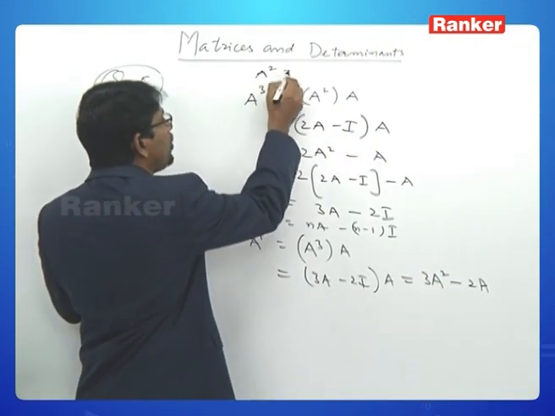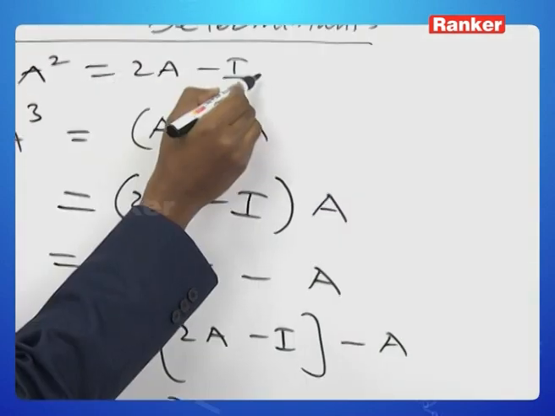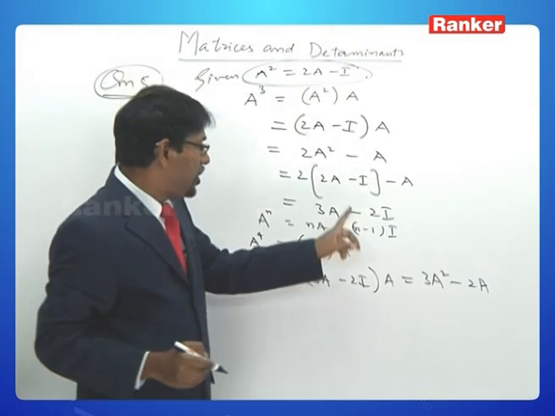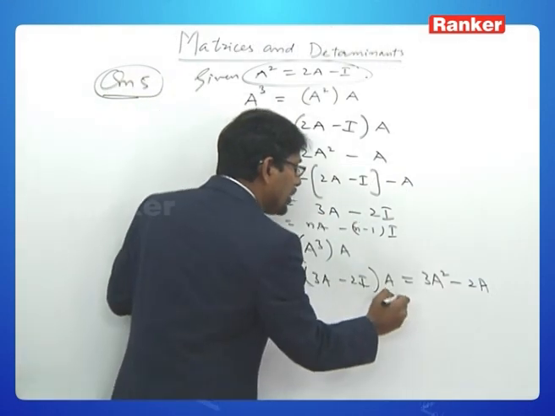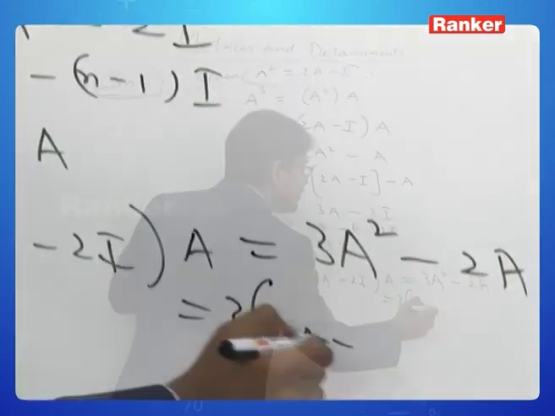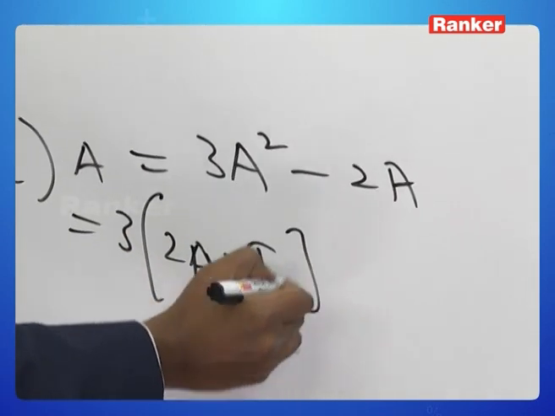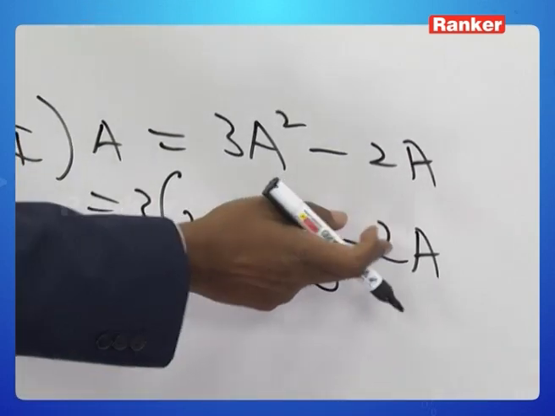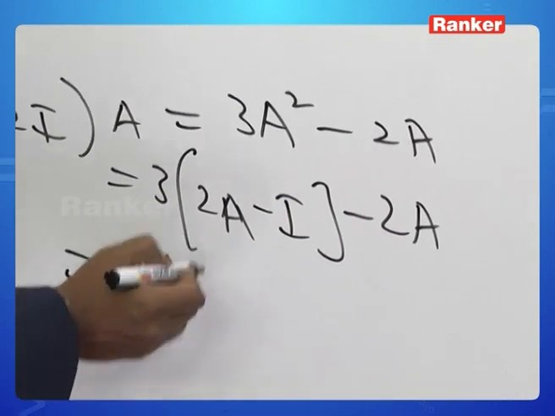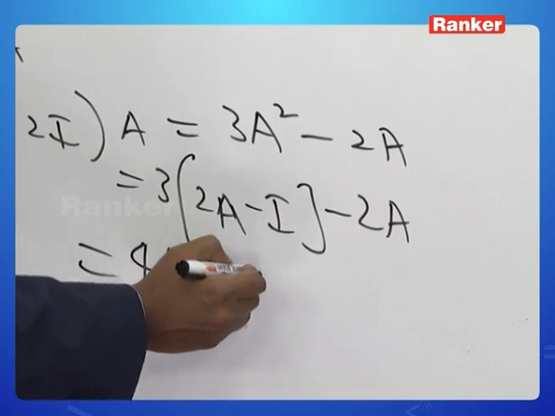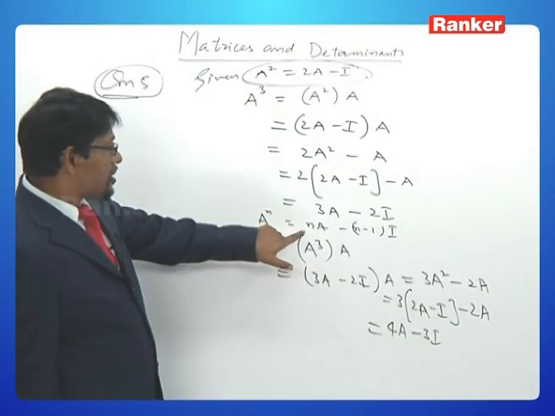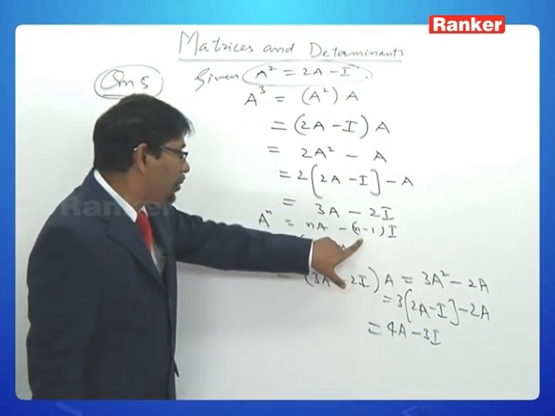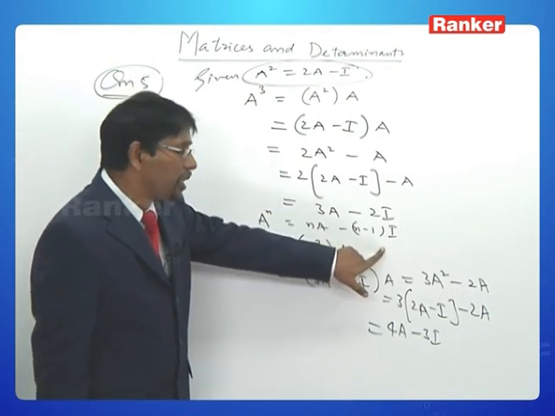A square was given to be 2A minus I. This was given already, so we've been using that repeatedly. 3 into (2A minus I) minus 2A. So what does that make it? 6A minus 2A. That makes it 4A, and we have minus 3I. Again, it obeys this. When n is 4, we have 4A minus (4 minus 1) into I.